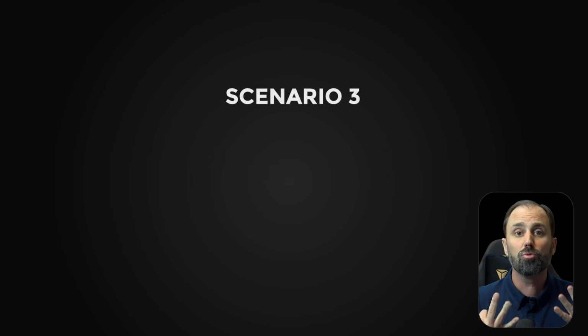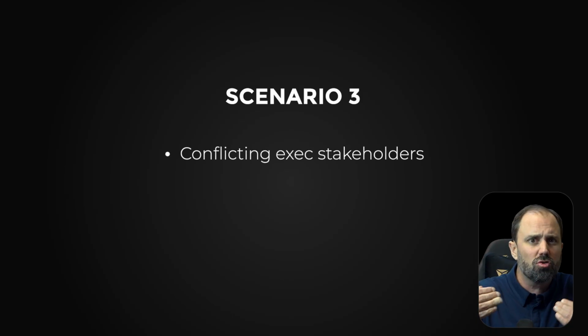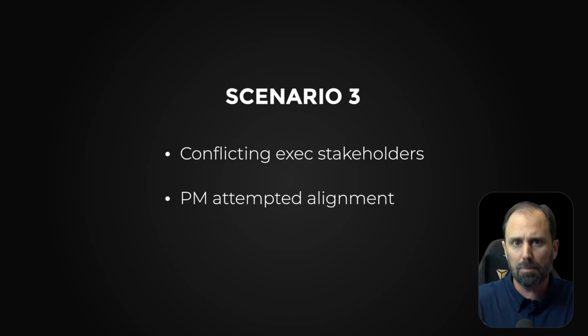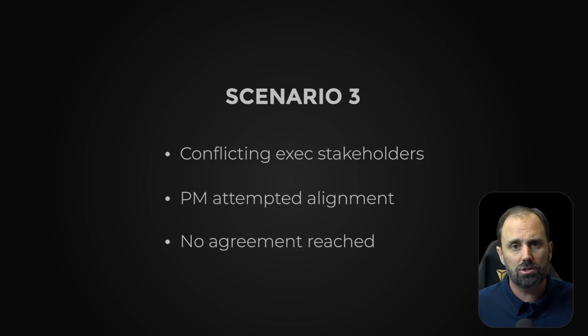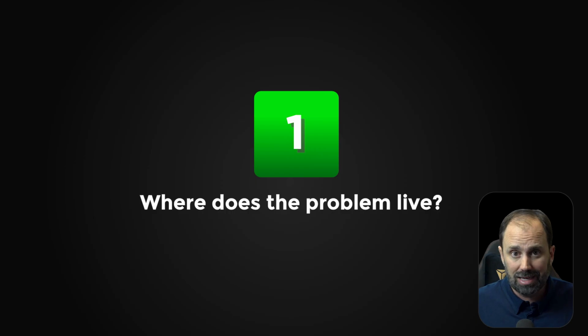Now, scenario 3, continuing to build our knowledge. 2 senior executive stakeholders provide conflicting direction on how the project should proceed. The project manager has attempted to align them by presenting options and explaining the impact to scope, schedule, and budget, but no agreement can be reached. As we go through this, we got to ask ourselves, where does the problem live? Is it inside, or is it outside the team?